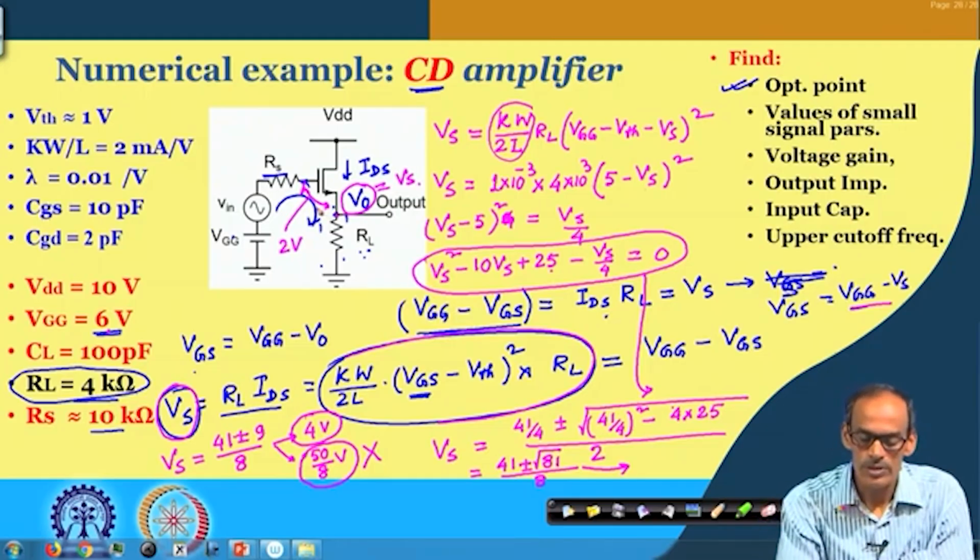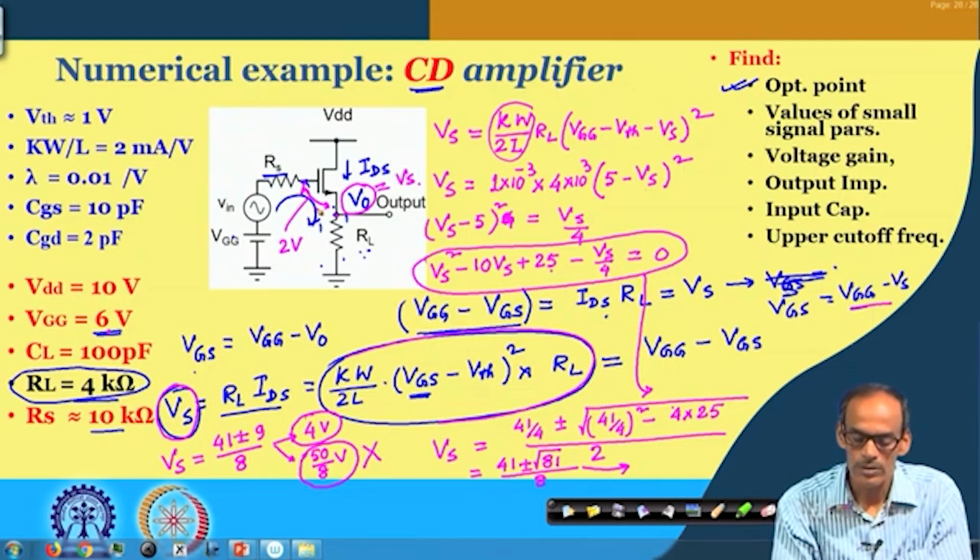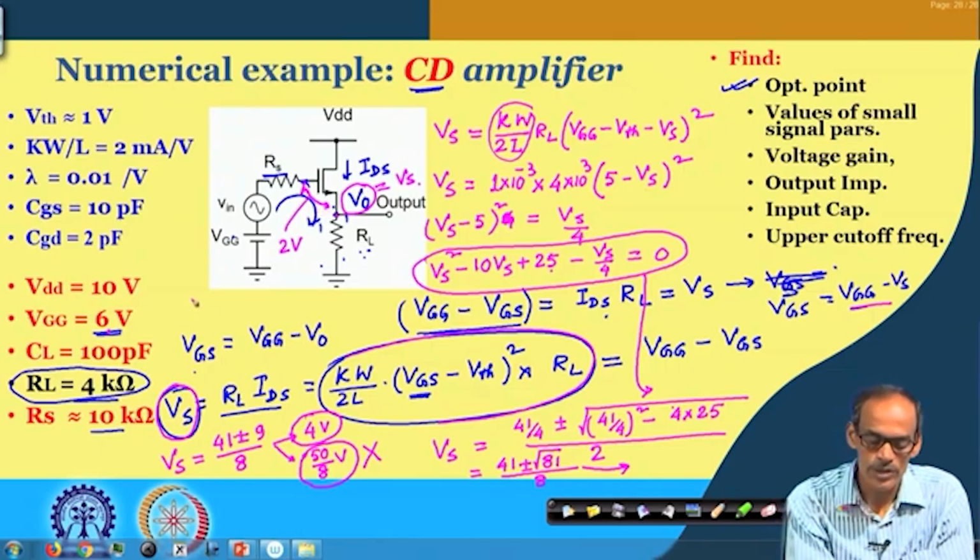If V g s is equal to 2 volt, then the corresponding I D S equals K into W by L, that is 2 milli, divided by 2, into V g s, which is 2 volt, minus V t h square.